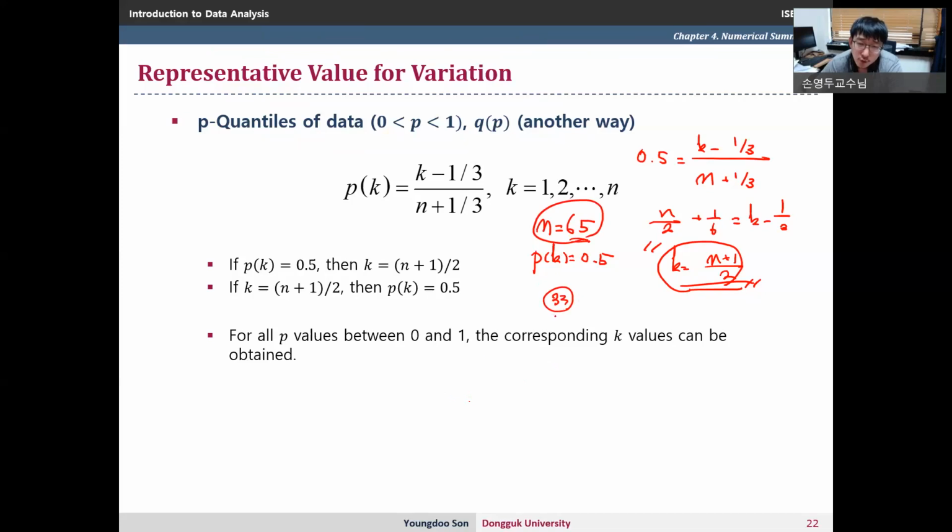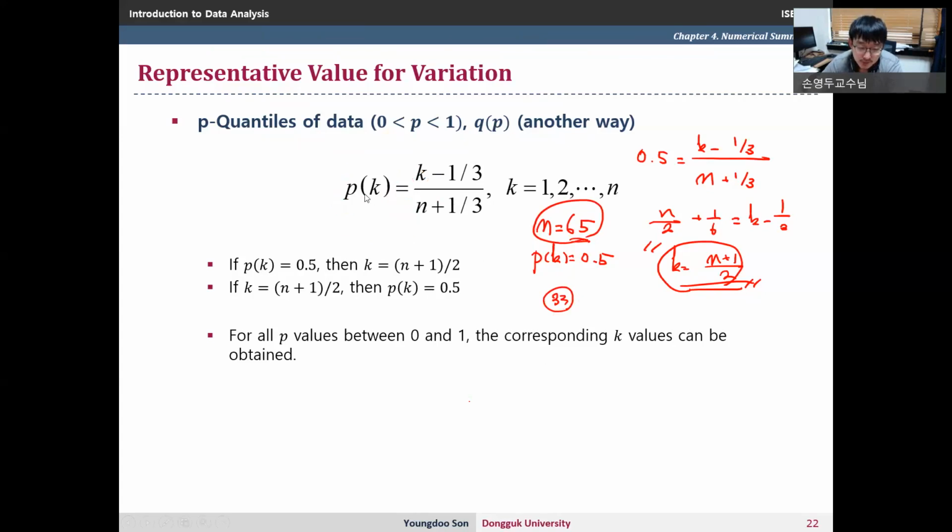What is the location of the 33rd point in this data distribution? Then we can put 33 here as k, and n here, then we can easily get p of k is 0.5. So this is the formula that can exchange the percentage location of the data and the index of the data.